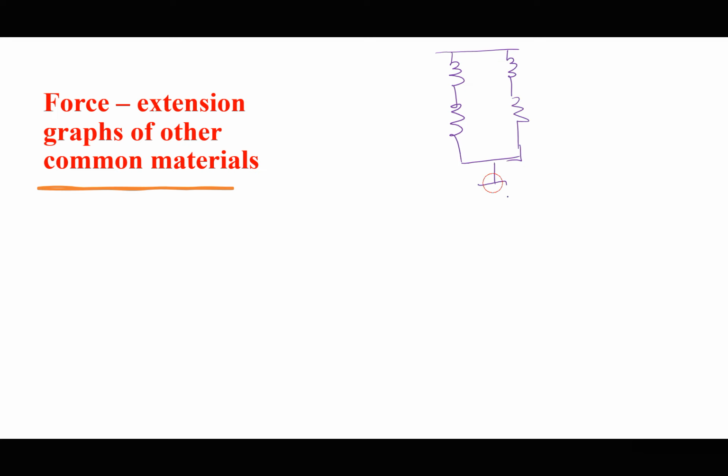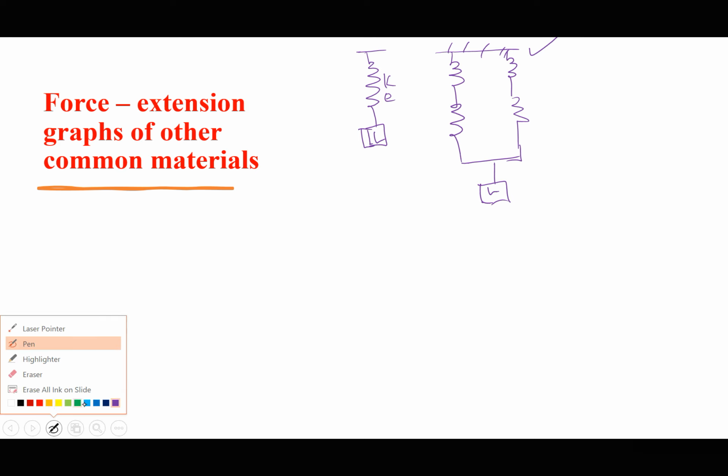I'm going to consider these springs being identical and a load F is attached to them. Let's say if we have one spring, if it is used alone with the same load, the constant is K and extension is E if it is alone. So we want to find the total constant here and total extension. I want you to note that these two are in series.